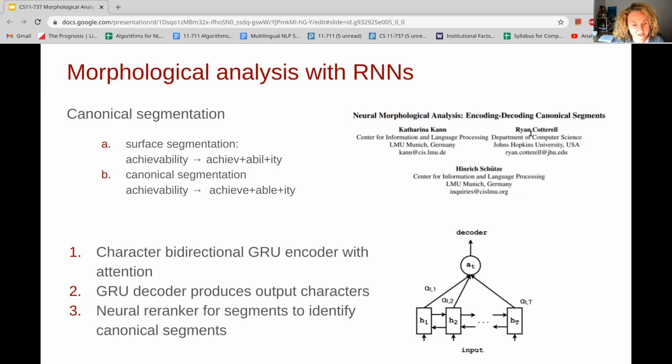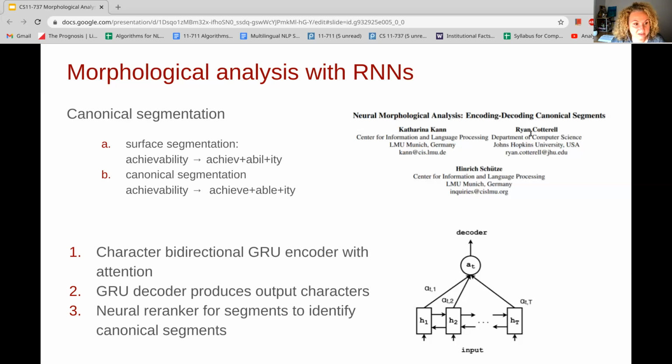And for this, they incorporated simple lexical information into word embeddings, adding an additional dimension to the word embedding, a binary feature that said whether this word appears as an independent word in the lexicon or not.